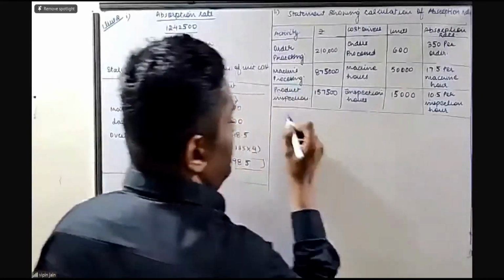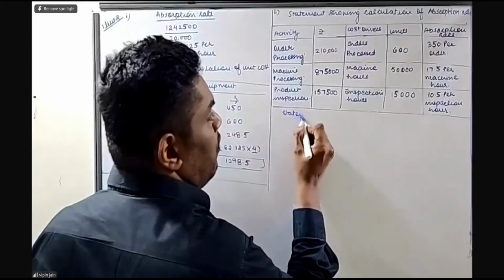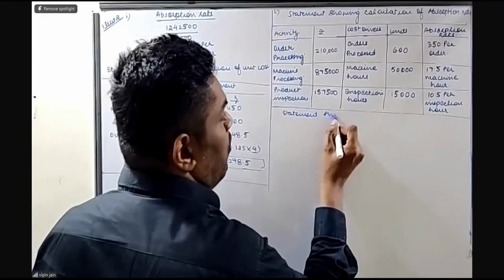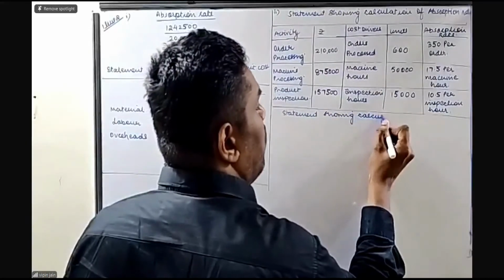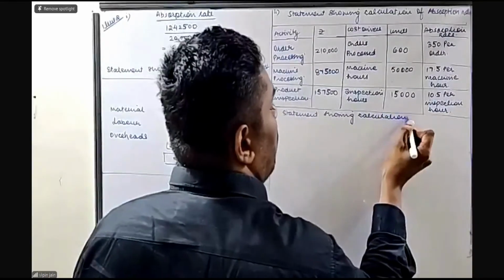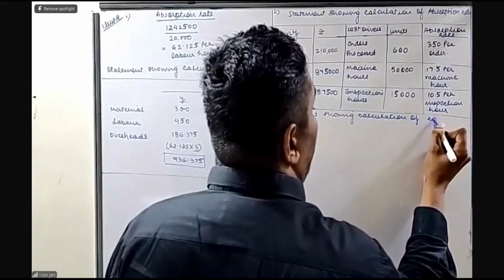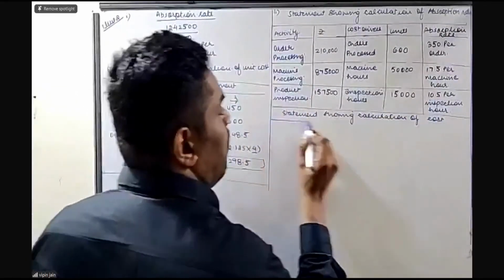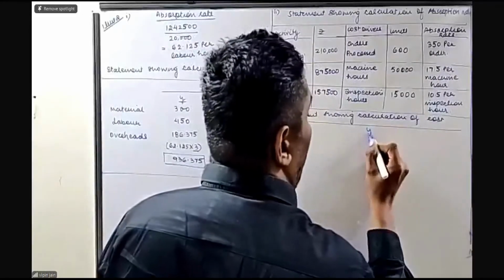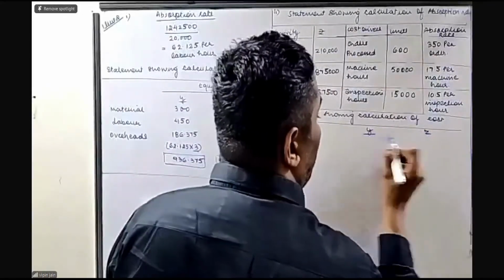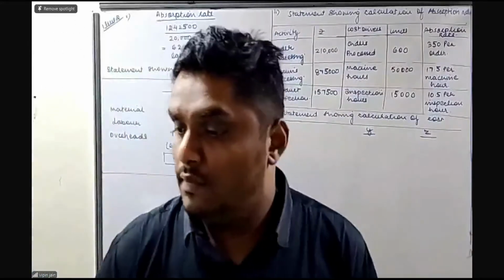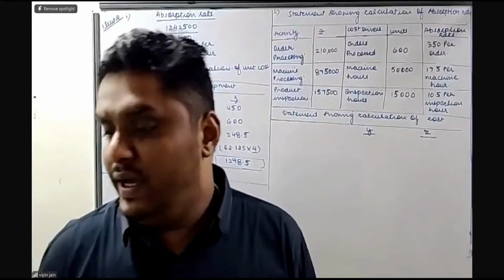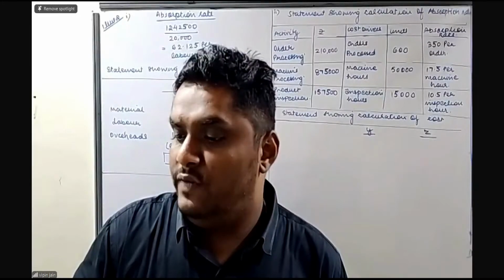Now there are two equipment. So now we have to calculate the total cost of these two products.